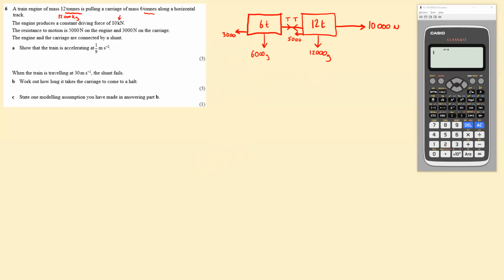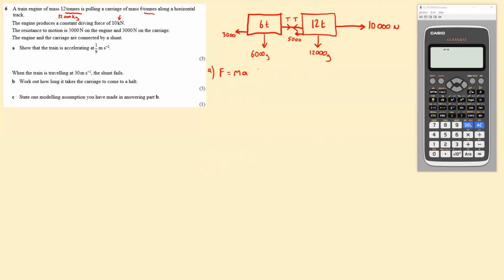The carriage feels it in the positive direction, and the train feels a pull backwards in the negative direction. And that's it. So we need to put all of this together. Technically, we'd have our normal reactions as well because it's on a surface, but we don't need them for this question. So show that the train's accelerating at 1/9. So we need F equals ma.